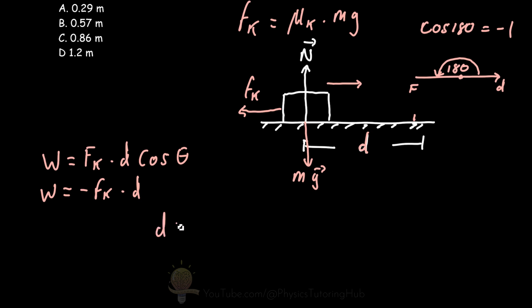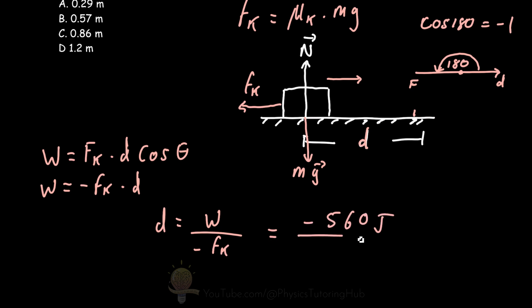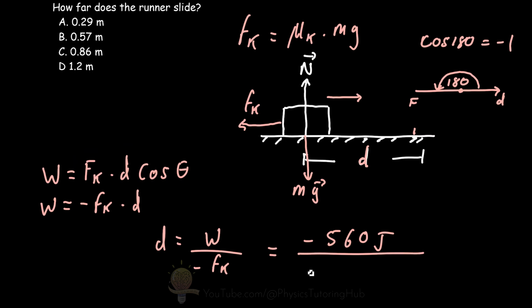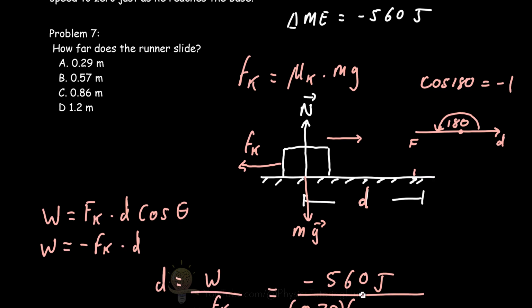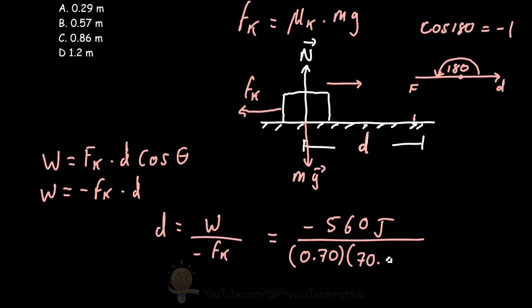So the distance is equal to the work done during this time period divided by the negative of the force of kinetic friction. This equals negative 560 joules divided by 0.70, the coefficient of kinetic friction, multiplied by the mass of the base runner, 70.0 kilograms, multiplied by the acceleration due to gravity, 9.81 meters per second squared.